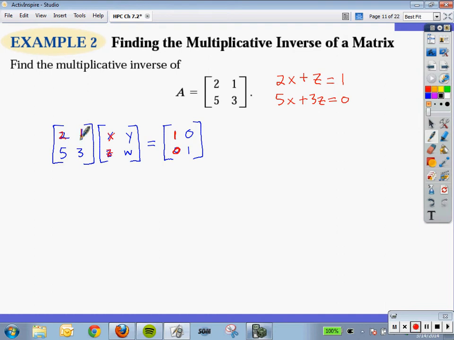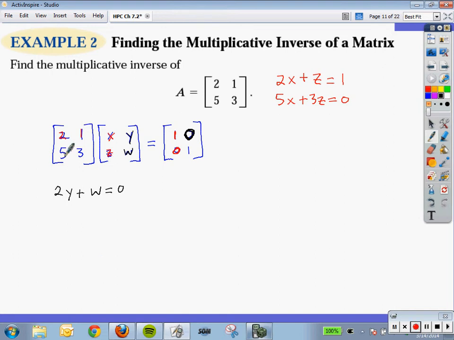I know that when I multiply row 1 and column 2, row 1, column 2 will give me this location here. So I have row 1 times column 2 now. 2 times y plus 1 times w is equal to 0.